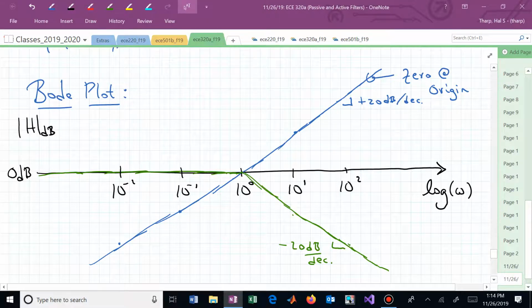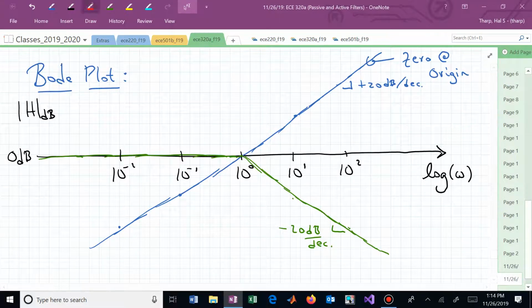Now I have all of these pieces. How do I put them together? What's my overall Bode plot? If I now said Bode of G or Bode of H in MATLAB, it should produce the overall. Now I'm just adding these up point for point. I add 0 dB onto this, and now I just climb up this curve, and then at this point I have a plus slope and a minus slope that cancel.